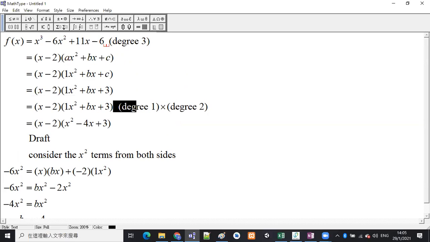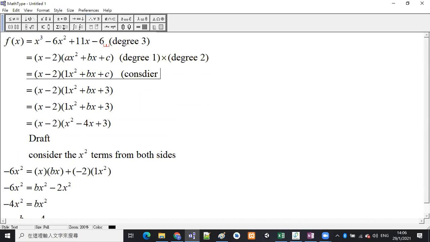Okay. 我寫好少少先啊，呢一個一開始呢度嚟嘅。OK，跟住我呢度寫埋啲 reason 俾你哋，即係呢個就係 consider the x cube terms.